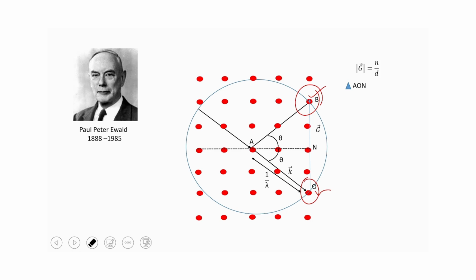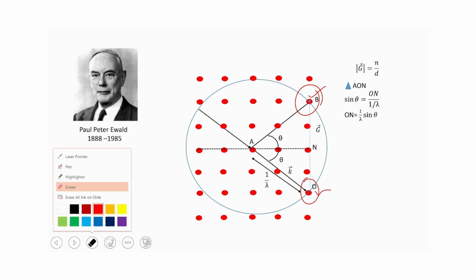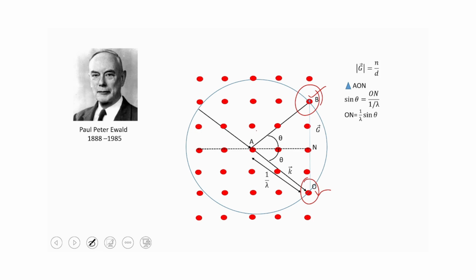From this we can see that sin theta, which equals perpendicular upon hypotenuse, gives us the value of ON to be 1 by lambda sin theta. And also you can clearly see that AB is another radius of this circle, so its length should also be 1 by lambda.